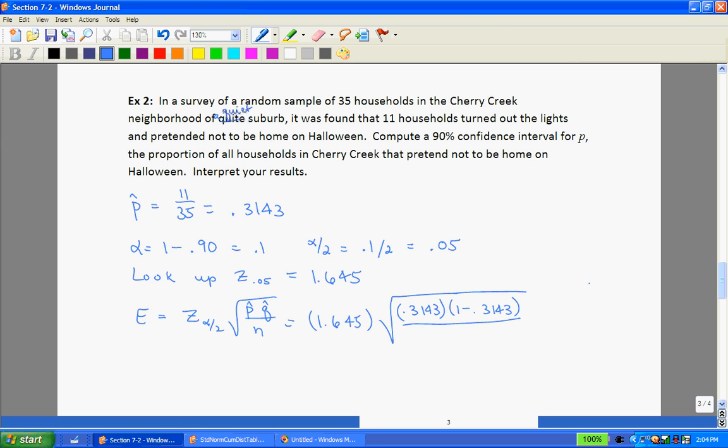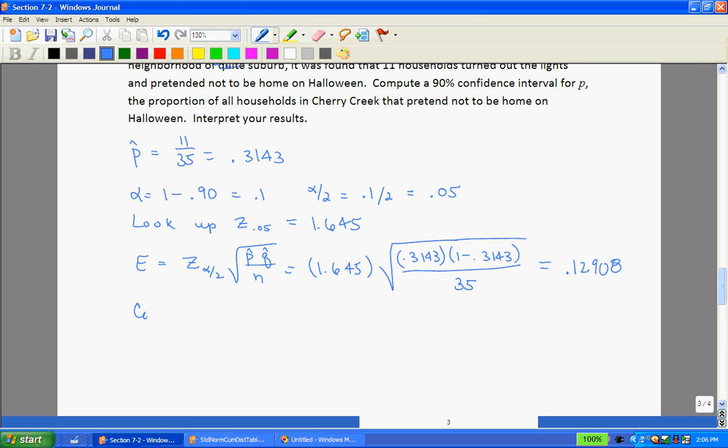All over N, well, the sample was 35 households. So again, I'm going to let my calculator handle this number here, this 0.3143, because it really was 0.3142857. It goes on for a while. But I'm going to type this all in. Okay, and I get that E is equal to 0.12908, and there's certainly a few more places after that.